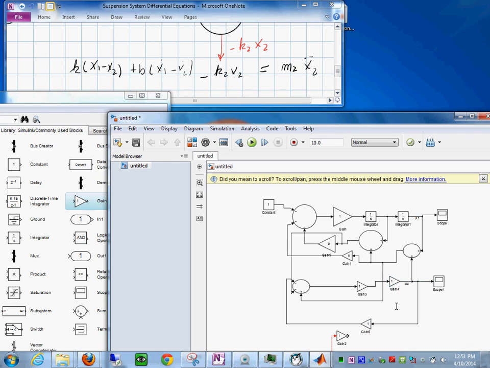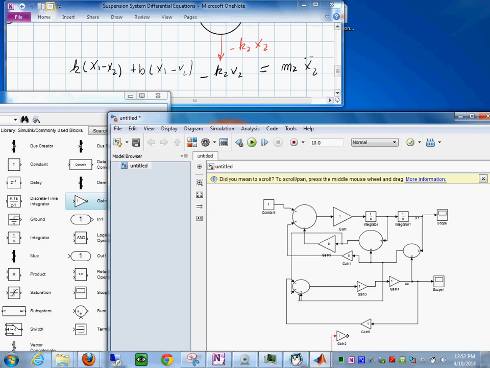Okay, so we have this feedback, and I believe that would be it, because this is x2, and then minus x1, x2, that would be, no, plus, this would be this plus.